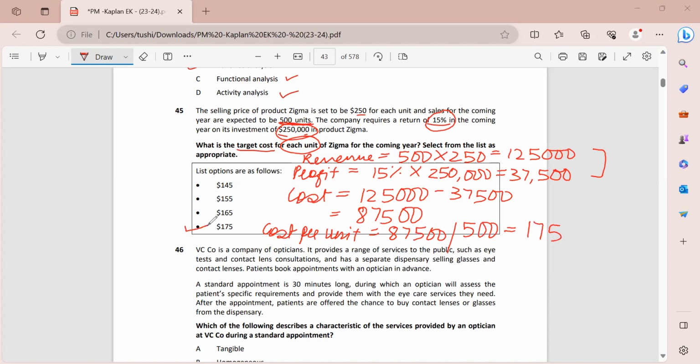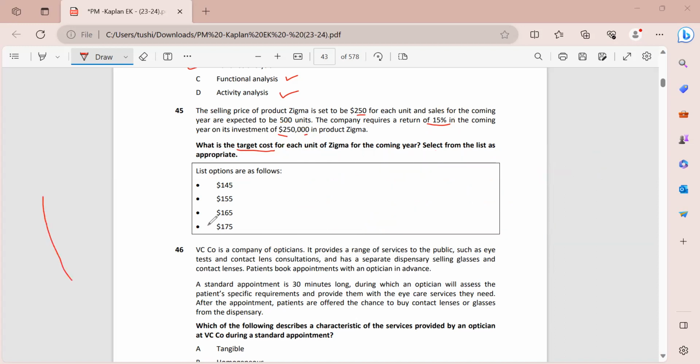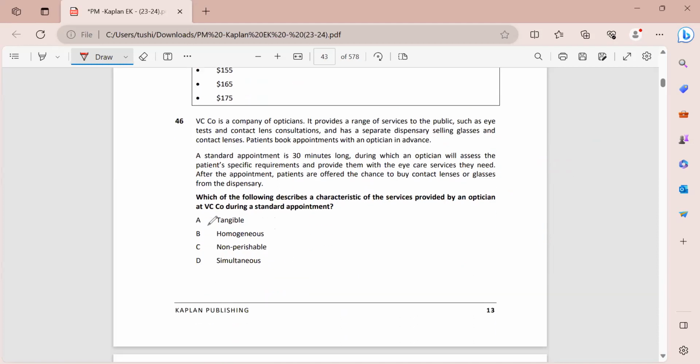Now moving on to question number 46. VC company is a company of opticians. It provides a range of services to the public, such as eye tests and contact lens consultations, and has separate dispensaries selling glasses and contact lenses. Patients book appointments with an optician in advance.